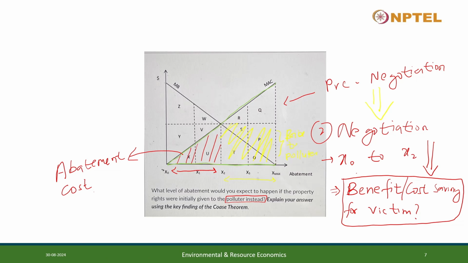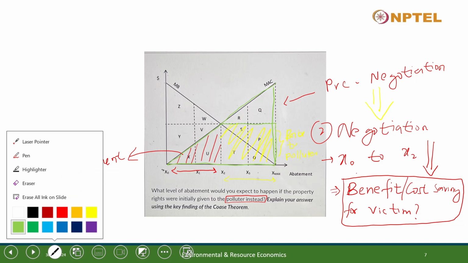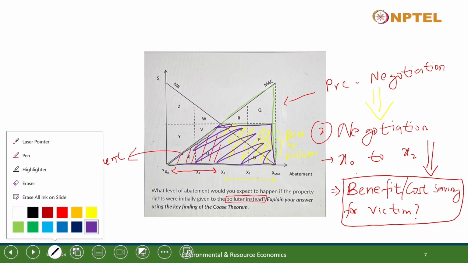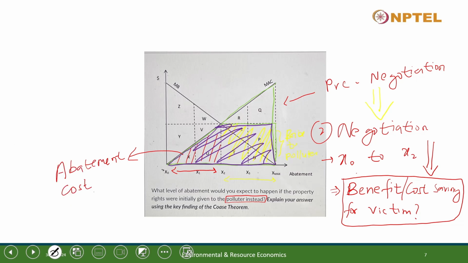This will be the whole area. Okay, pre-negotiation. Now, post-negotiation, I have to pay only this area, right? Post-negotiation, I will draw it one more time. Post-negotiation, I have to pay this area only. Am I clear? Now, which area do I get? I get this area. This will be the cost saving.